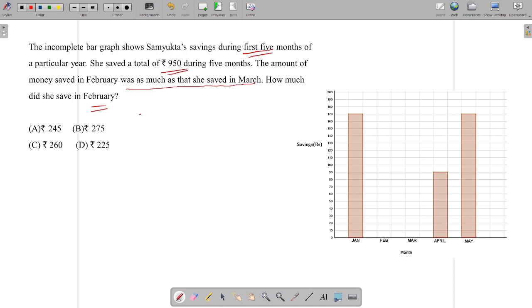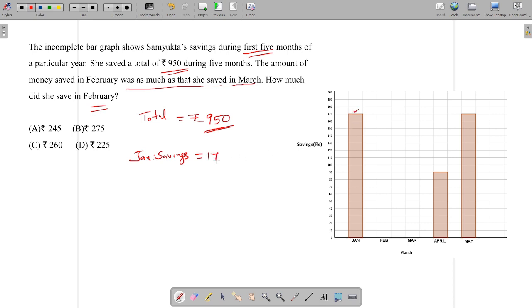Total is equal to rupees 950. Now, January savings from the bar graph is rupees 170.